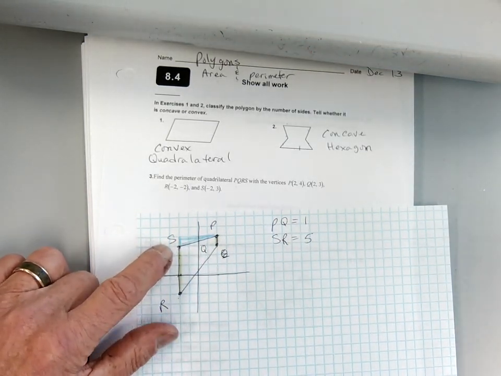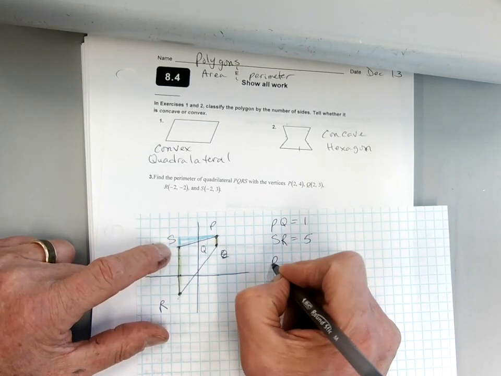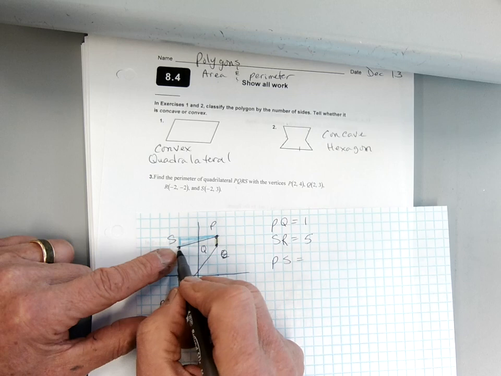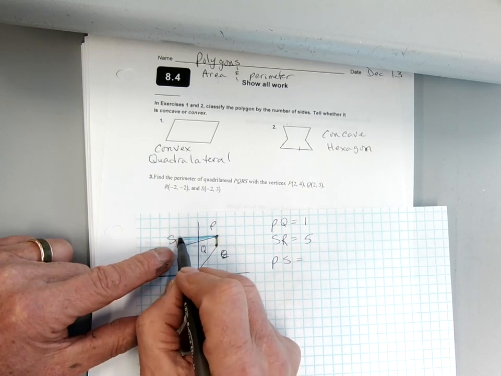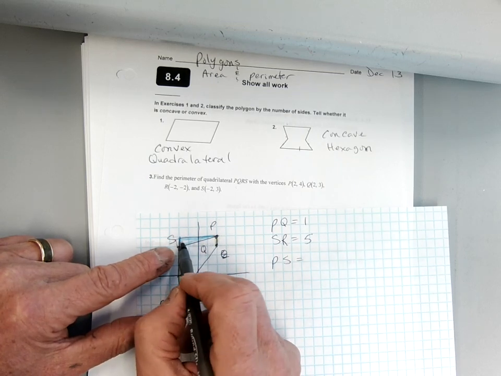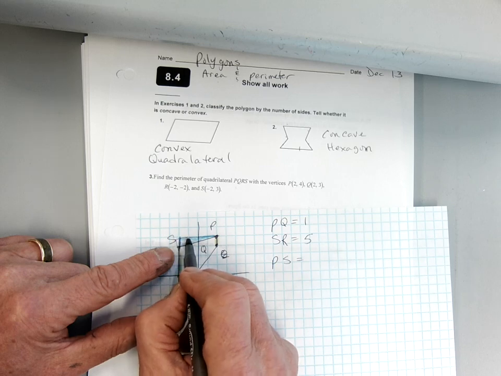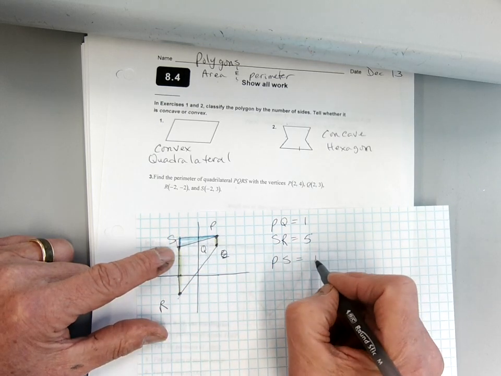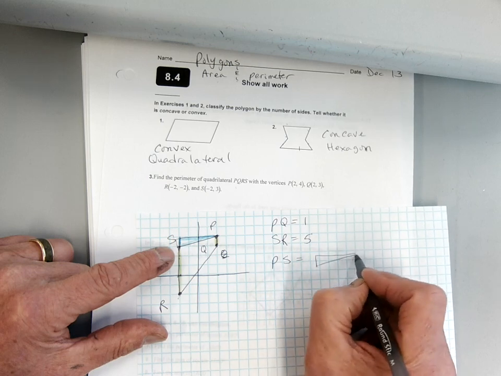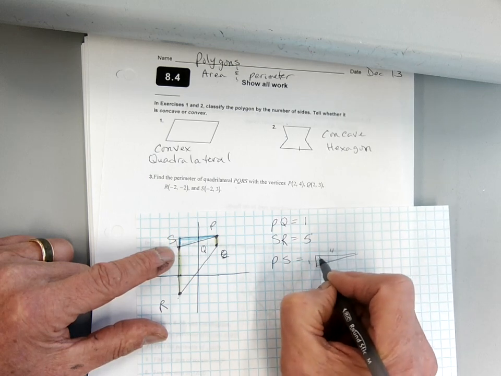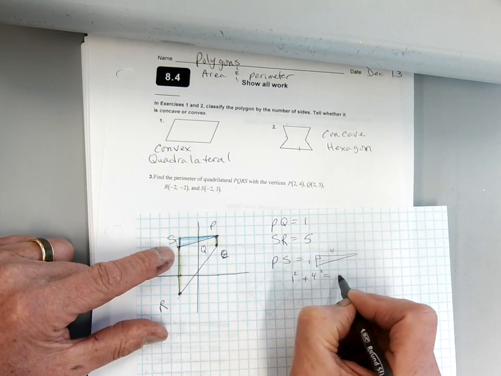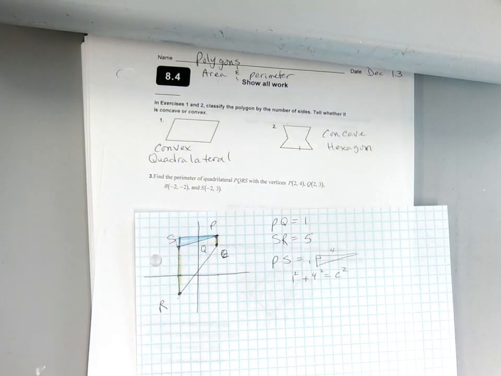And if I wanted to find PS, I'm going to use the Pythagorean Theorem. So I'm going to go, and I see a right triangle right in there. 1 and 1, 2, 3, 4, right? So if I just took this triangle down here like this, it's really going to be 1 squared plus 4 squared equals c squared, right? Pythagorean Theorem.